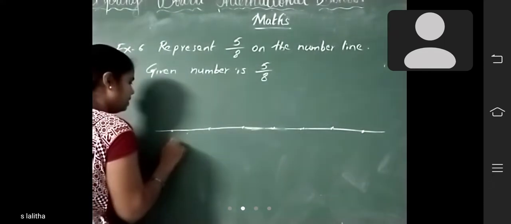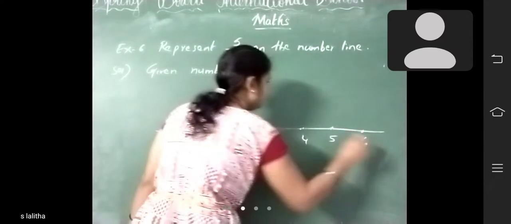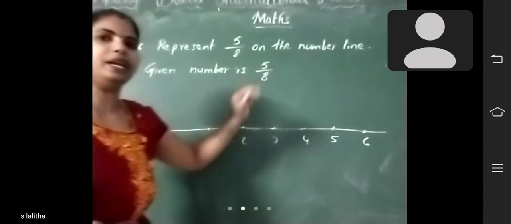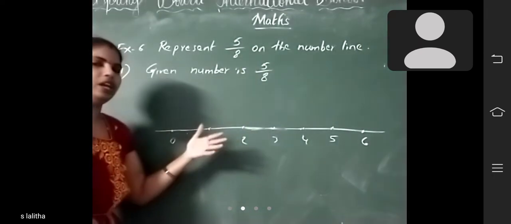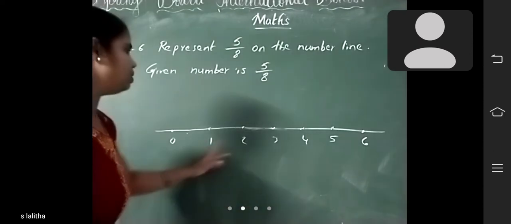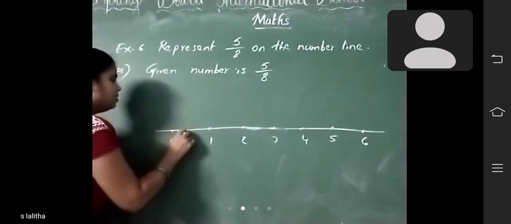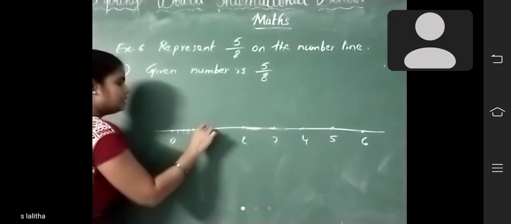Then write 0, 1, 2, 3, 4, 5, 6. Now what is the denominator here? 8. So between these two numbers, you should divide into 8 parts. That means 1, 2, 3, 4, 5, 6, 7.